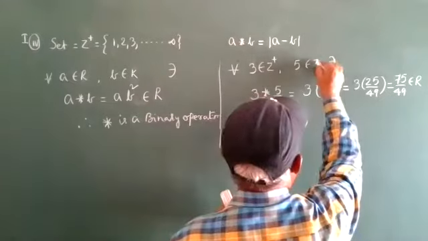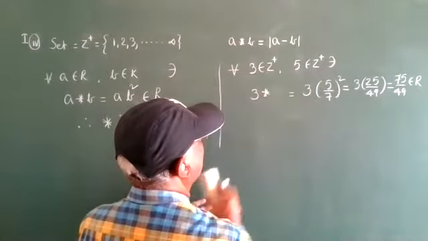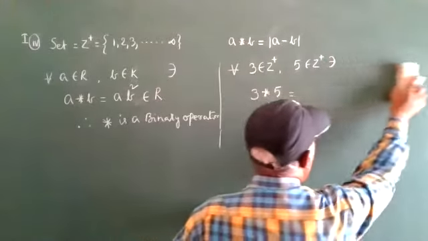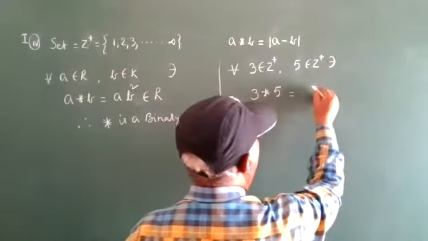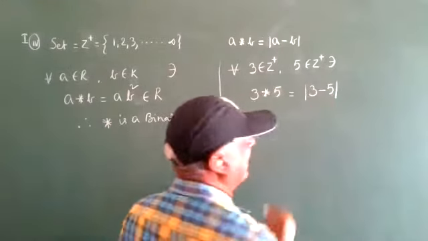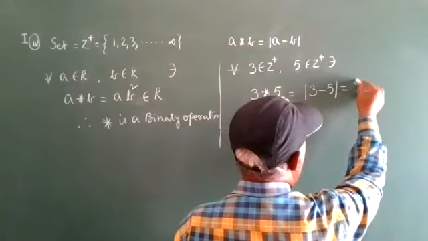Such that first element star second element is the modulus of the first element minus the second element. Modulus means it will make it a positive value.